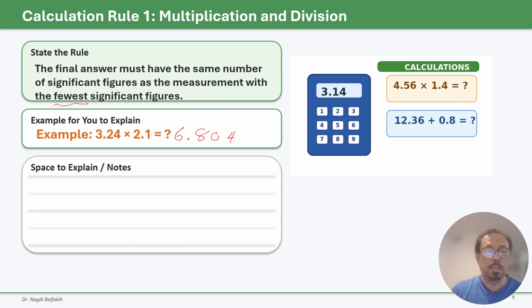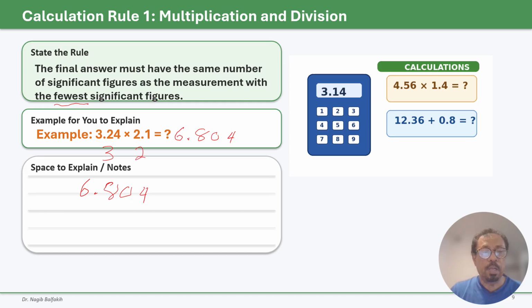So the final answer is 6.804. Now look here, we multiply 3 sig fig times 2 sig fig.